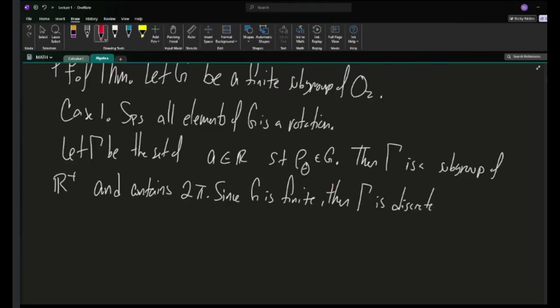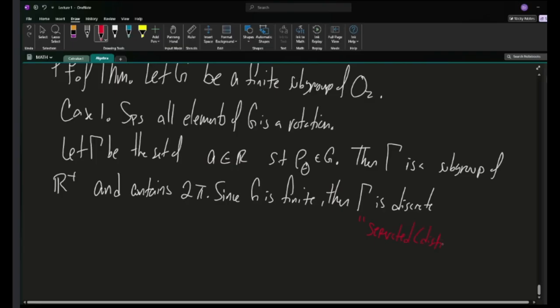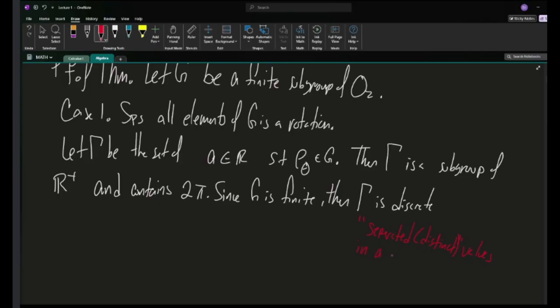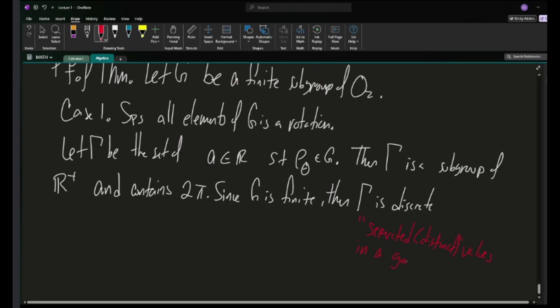If we recall earlier, these are separated or distinct values in a group.